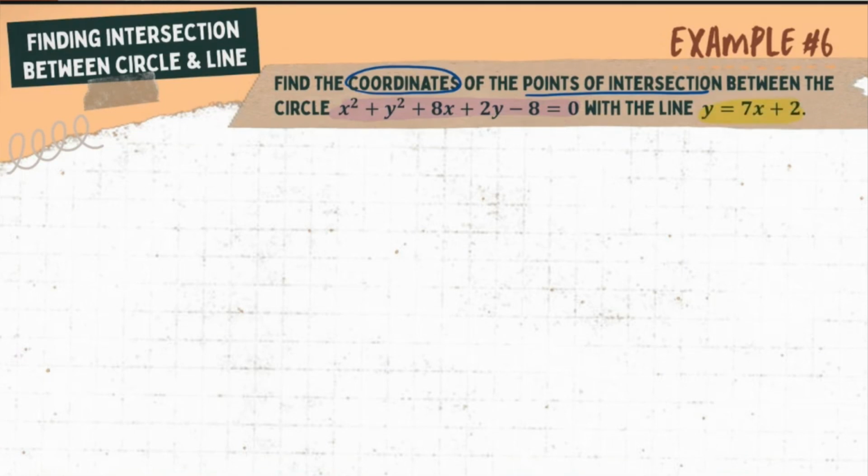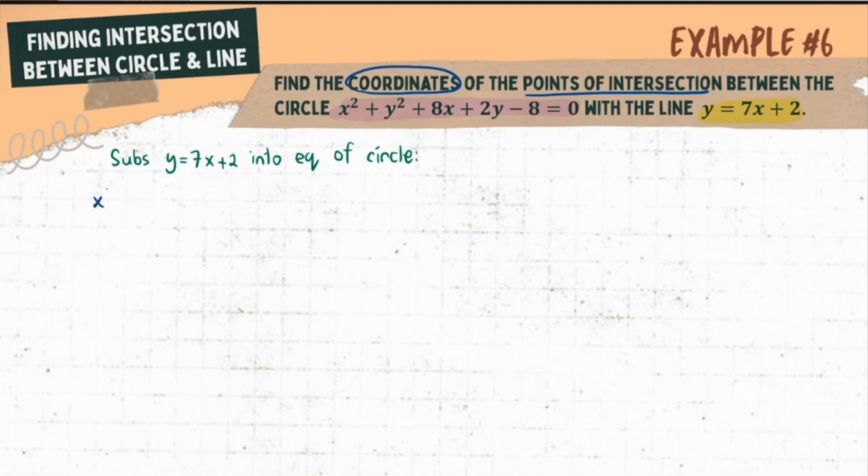So what we are going to do is, let's substitute y equals 7x plus 2 into the equation of the circle. Why do I want to substitute it? So that instead of having two variables in this equation, we write it in one variable only. Okay, so let's look here.